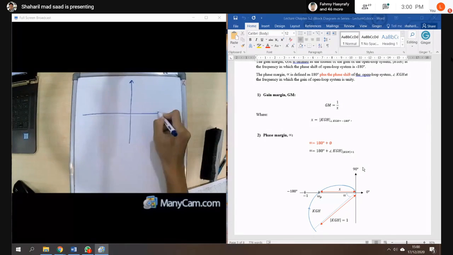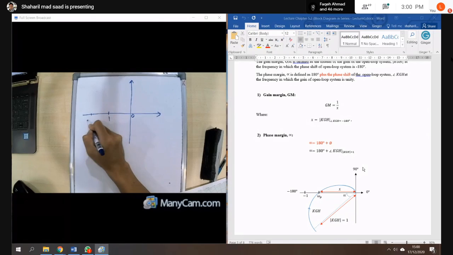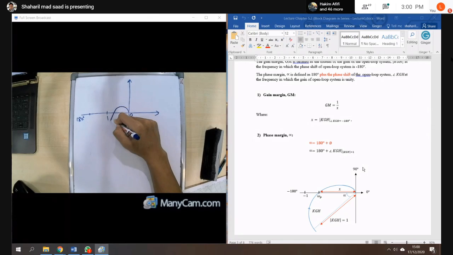This is your Nyquist diagram. 0, this is 1, and this is 180. Then you got a Nyquist diagram like this one.